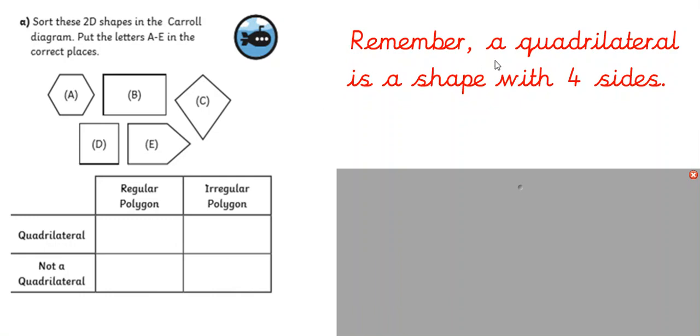Just remember, a quadrilateral is a shape with 4 sides. So each 4-sided shape would go in either the quadrilateral that's regular or the quadrilateral that's irregular. If it's not got 4 sides, it would be down here. Okay, pause the video and have a go.